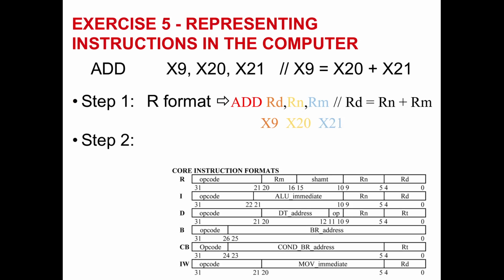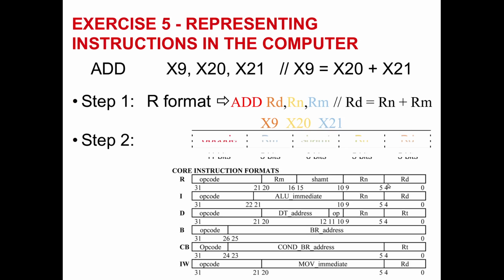So in step 2, we will look into the instruction format of the R instruction. We can see that the opcode has 11 bits, from bits 21 to 31, and then RM is located here. This value we will not use at this time, so we don't care about it. And then RN is located here, and RD.